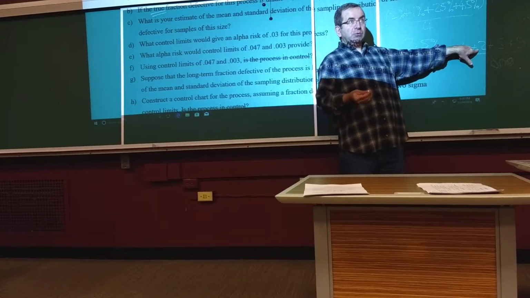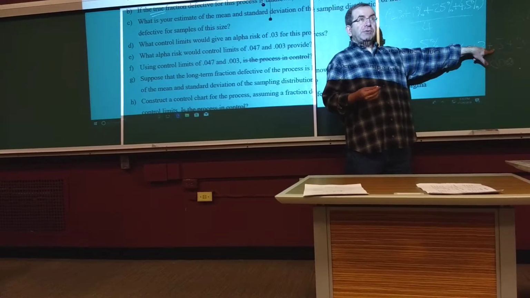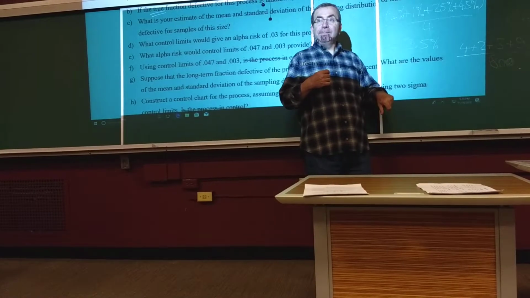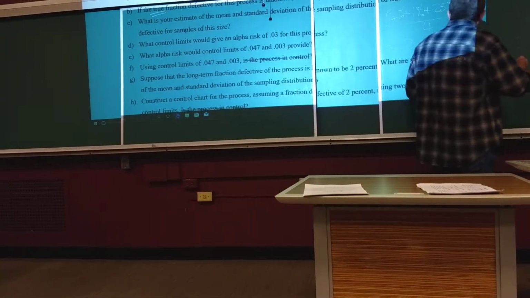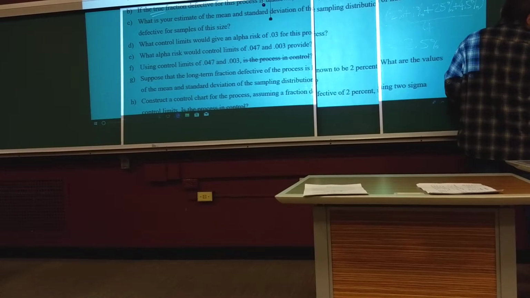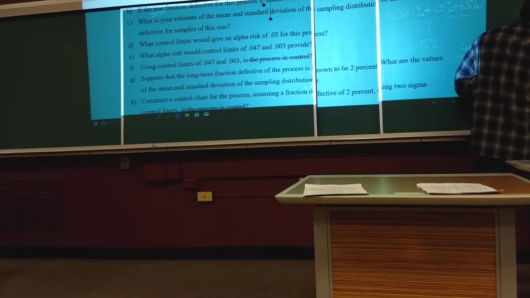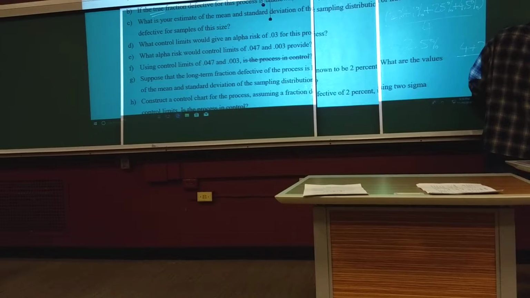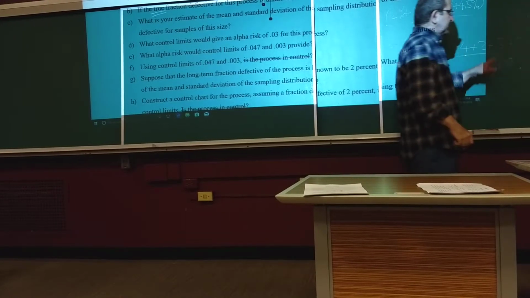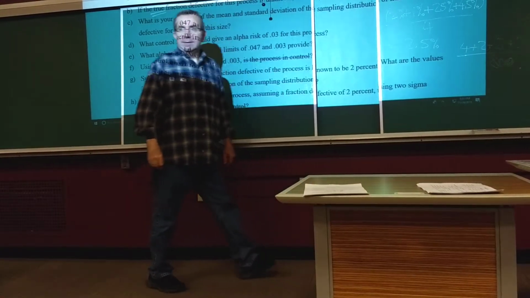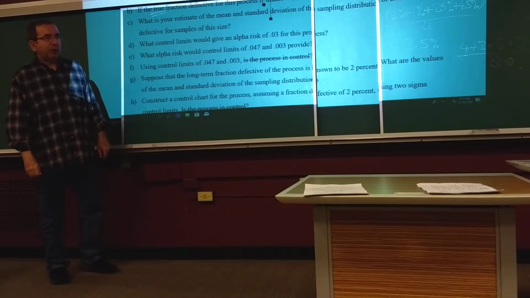From the second sample we have 2 defective. From the third sample we have 5 defective and then 9 defective. And you should actually get the same result. So you can do it both ways.